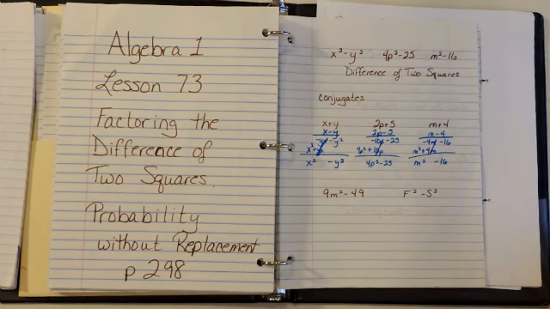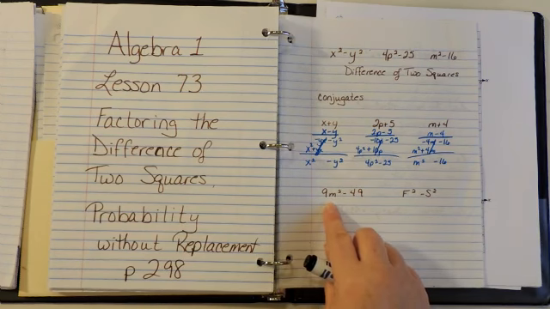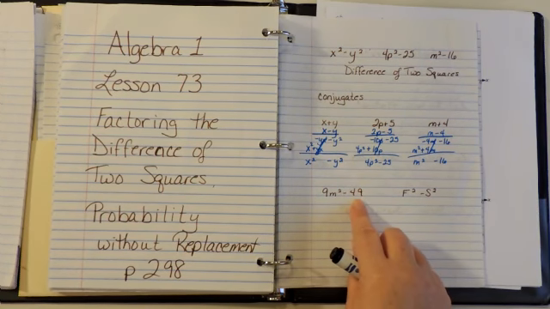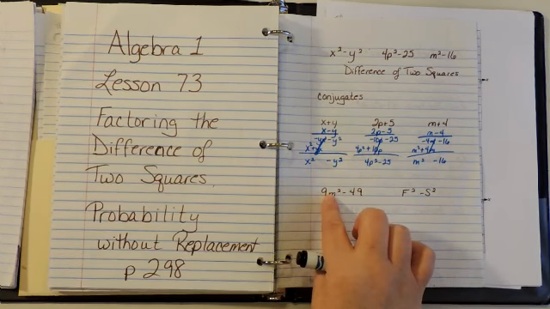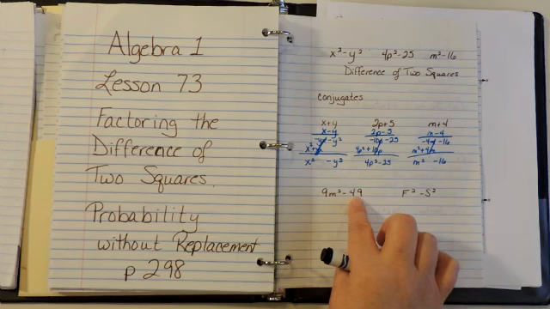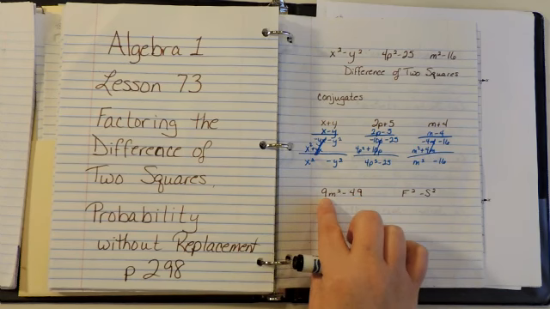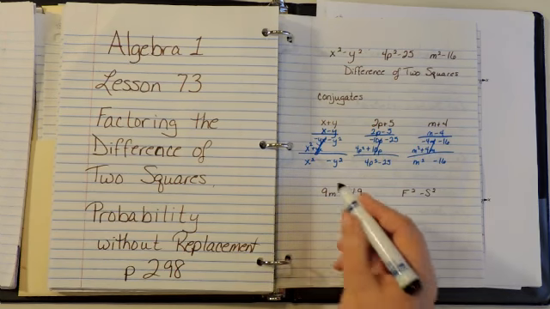Now that we know this, we can factor the difference of two squares. If we have 9m squared minus 49, we know that this is the square root of this plus the square root of this, times the square root of this minus the square root of this.